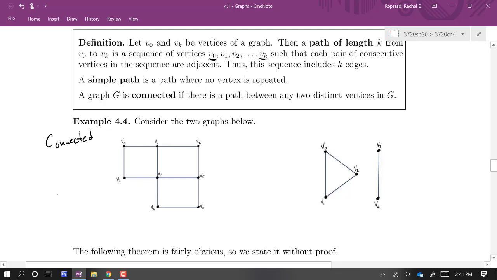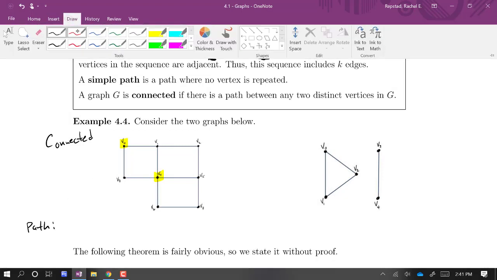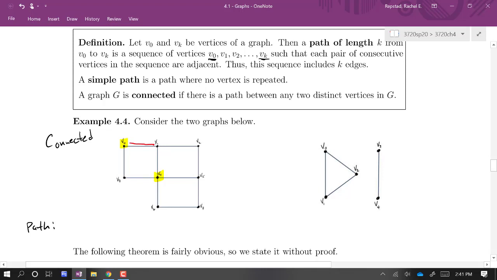Now let's say I want to get from v0 to v4. One way I could do that is to start at v0 and go to v1, then to v4. Oh, but maybe I'm not done. I'm going to go to v6, then to v7, then to v5, and then to v4.